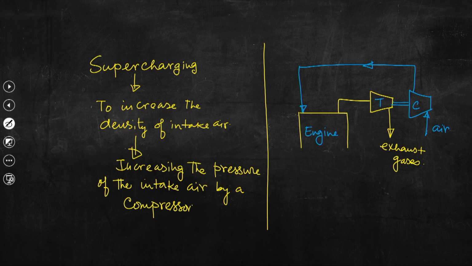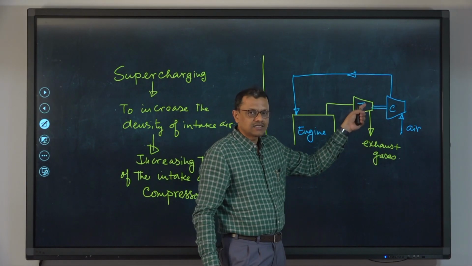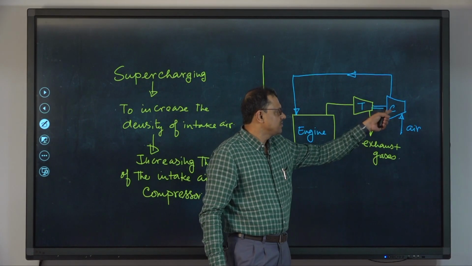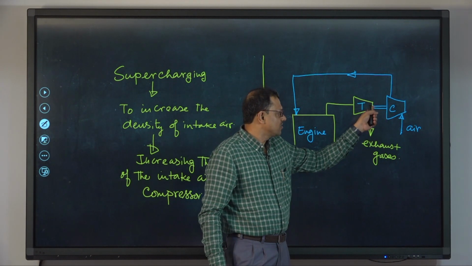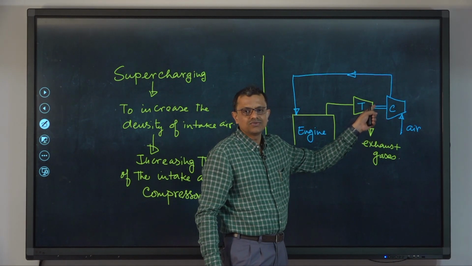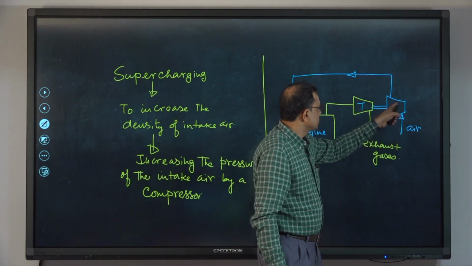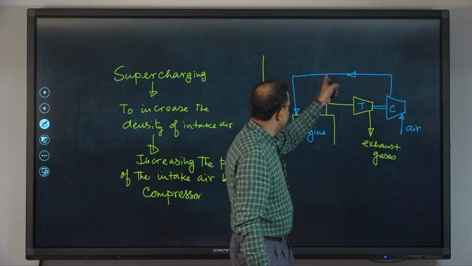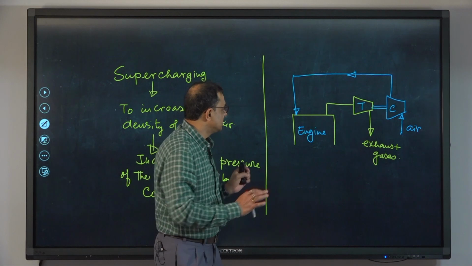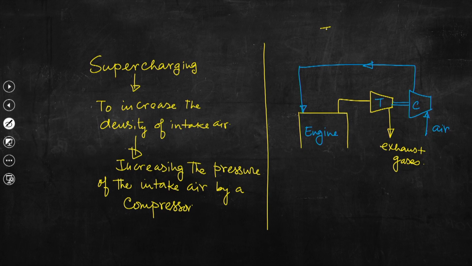So, as the turbine is rotating, this turbine is acting to drive the compressor, rather the power output from the turbine is used to run the compressor, and the compressor is used to compress the air, and that compressed air is supplied to the engine. So, this entire unit is known as turbocharged.